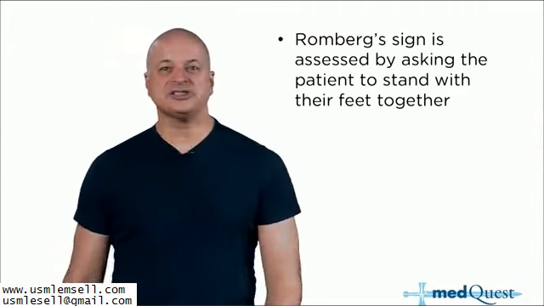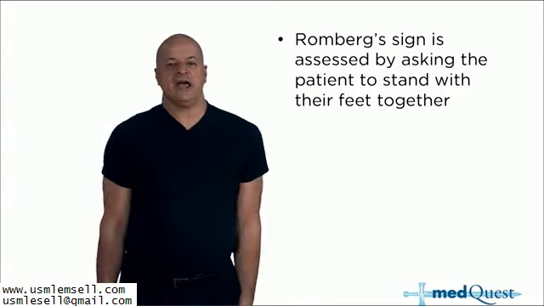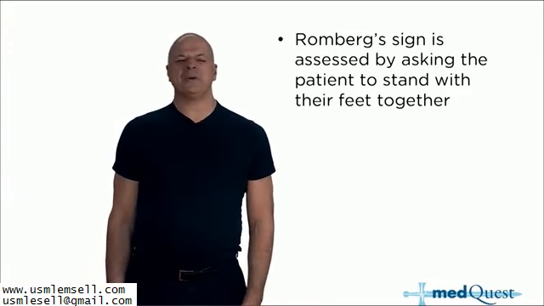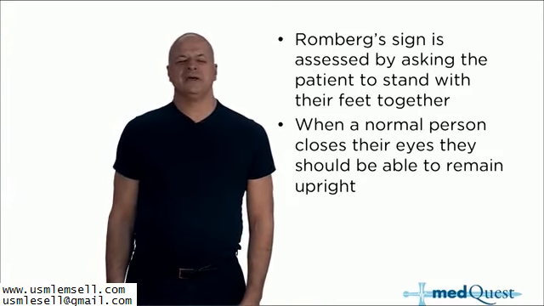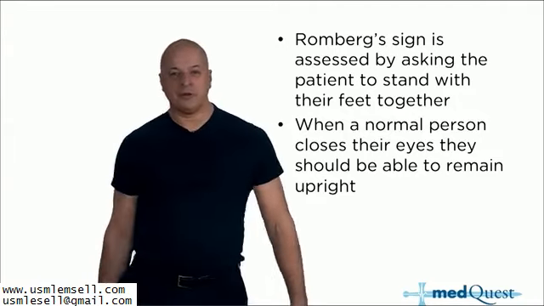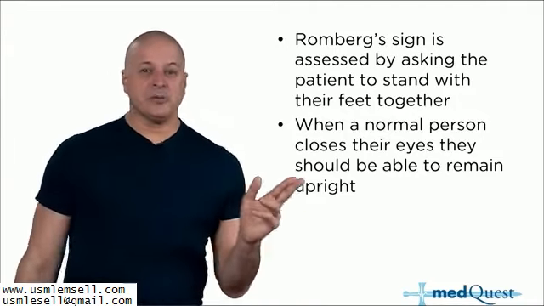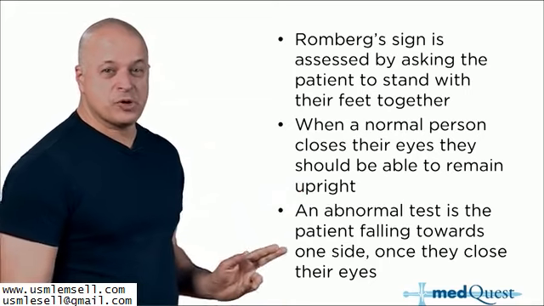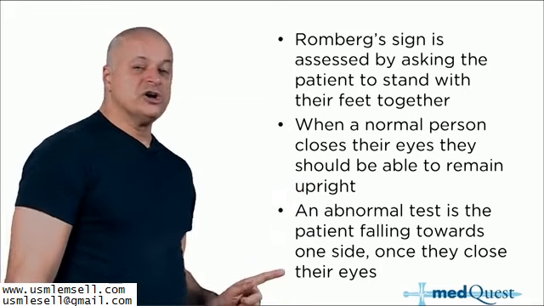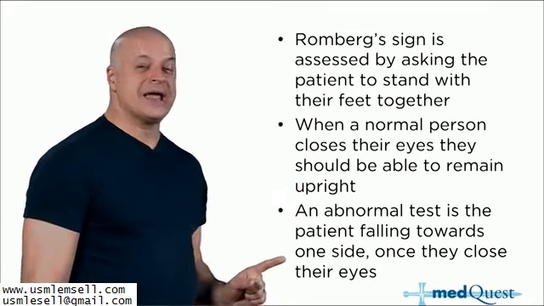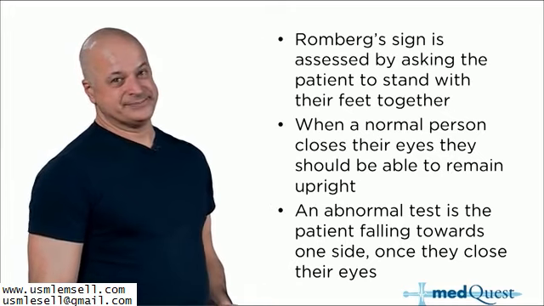Now, Romberg is assessed. You keep your feet together and you say, can you stay upright? A normal person should be able to stay upright. An abnormal person will wobble and fall over to one side when they close their eyes.